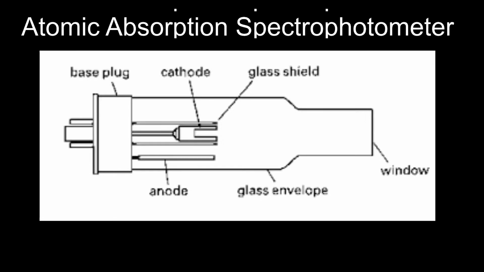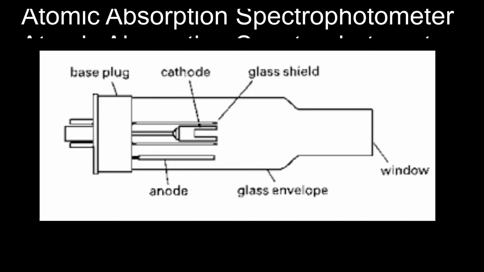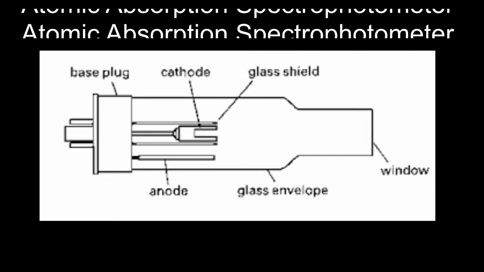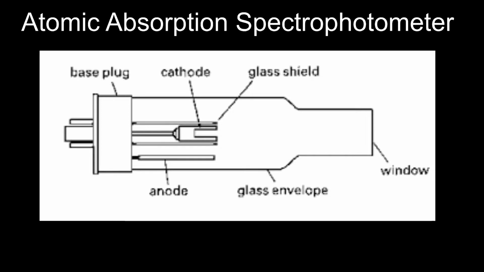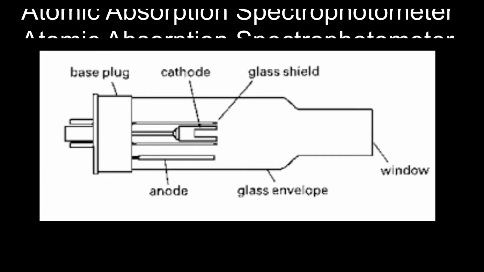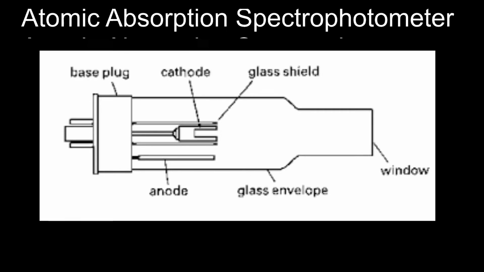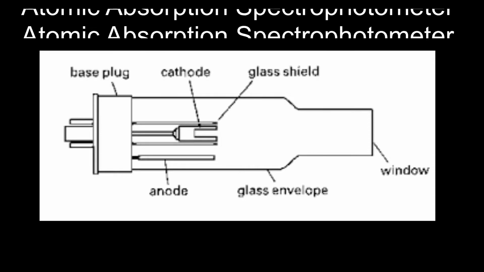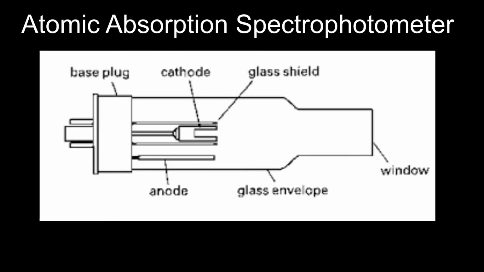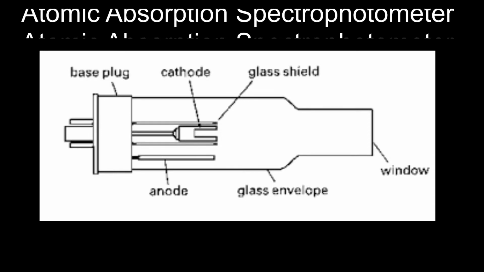Since each hollow cathode cup emits its characteristic wavelengths associated with the emission line spectrum of the metal, for analysis of nickel, a nickel lamp is used. For the study of aluminium, an aluminium lamp is used.